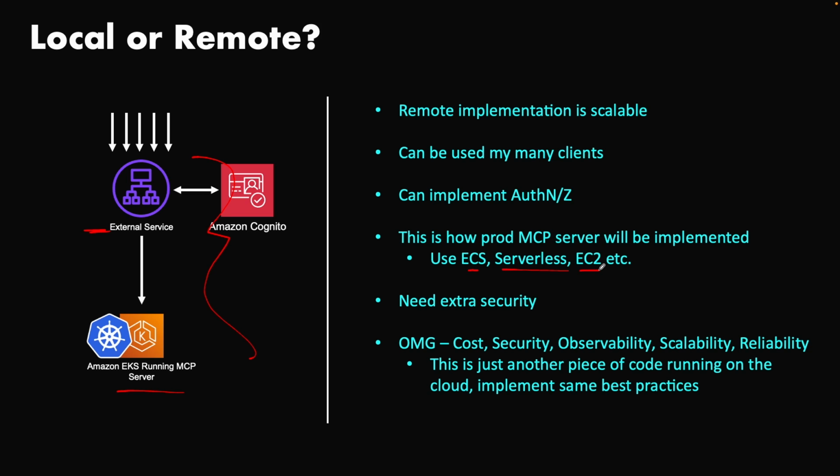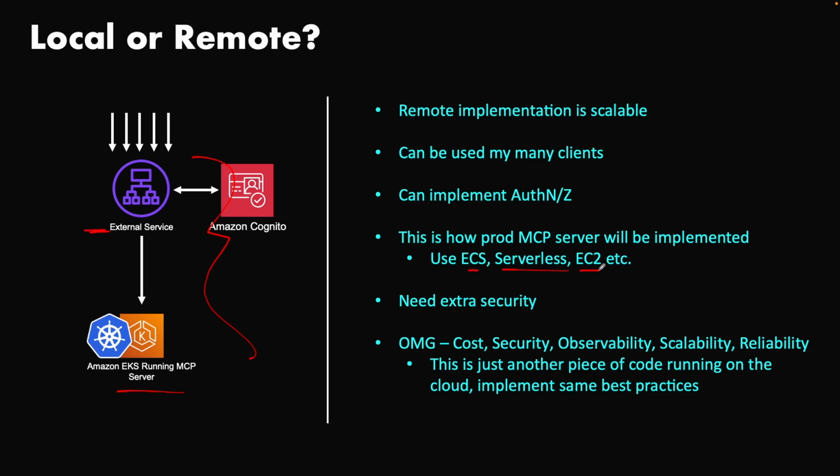Remember, this is just another piece of code running on the cloud on a service. You can implement the same best practices to cover all of it. For example, if you want to secure this MCP server, put an appropriate security group, put network policies, because at the end of the day, it's just running in a container. Scan the code before you containerize it, and you can restrict what it can and cannot do.